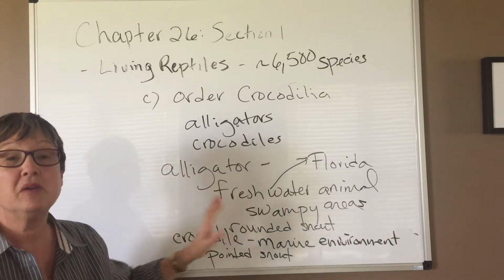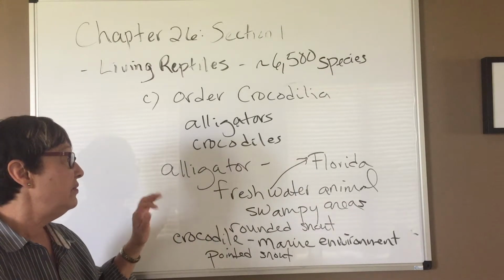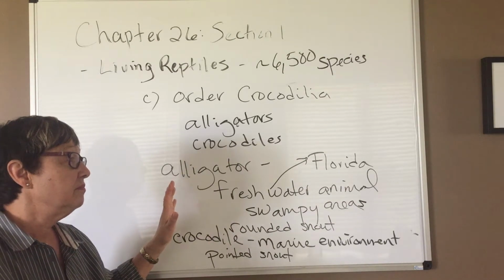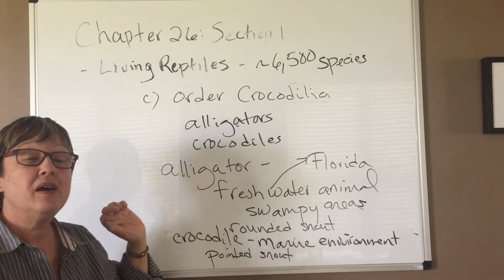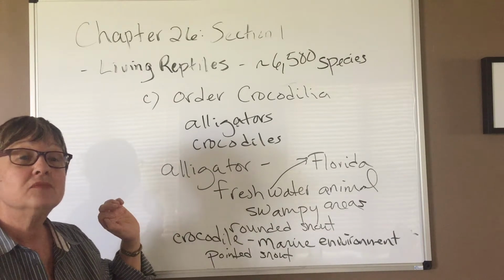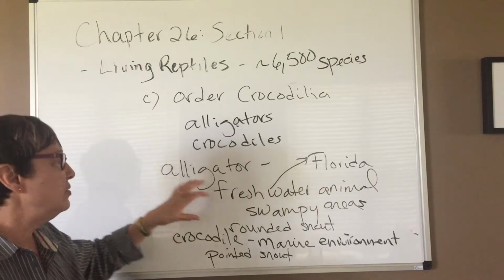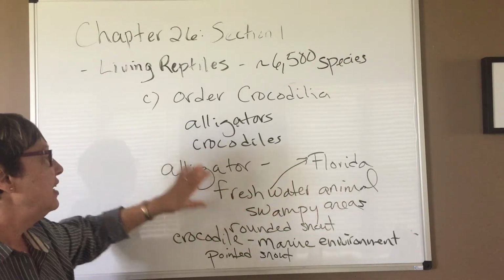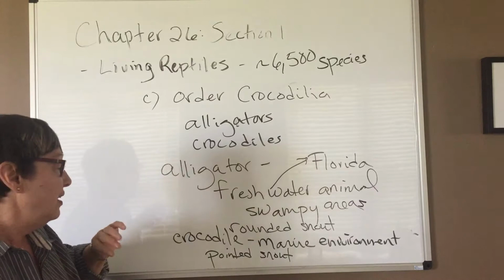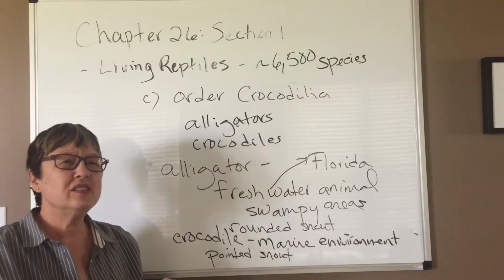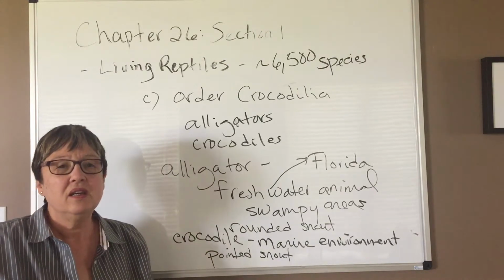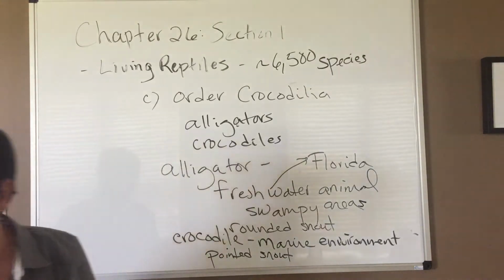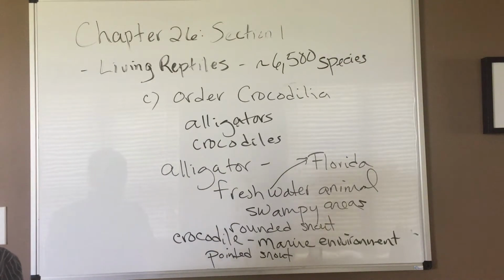Most of the accounts that you might hear about small children being eaten by a crocodile or alligator, at least if it's in Florida, it's probably going to be an alligator. Crocodiles, as I mentioned, there are some in the very southern part of Florida, but they generally tend to be even further south, so they really like warm climates.